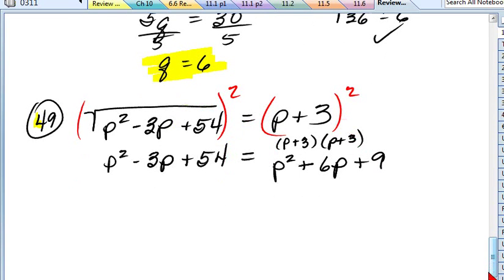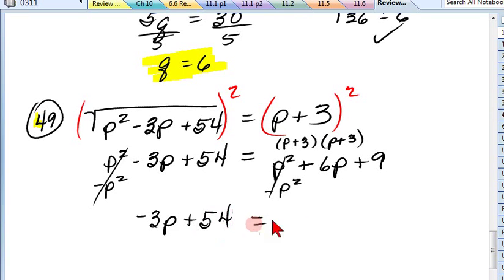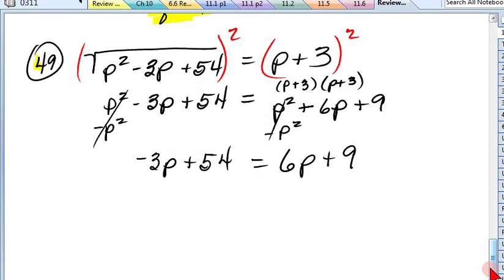Right now, this looks like it's quadratic. But when you attempt to get all the p squareds on one side, you realize that they cancel out. So you get negative 3p plus 54 is equal to 6p plus 9. It's not quadratic because there was a p squared on both sides. They canceled out. I've got to get my p's together on one side. What do y'all want me to do?